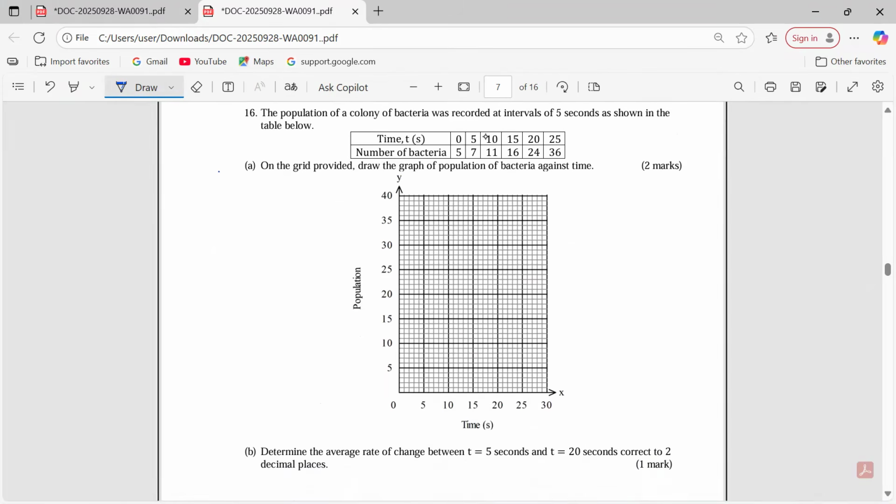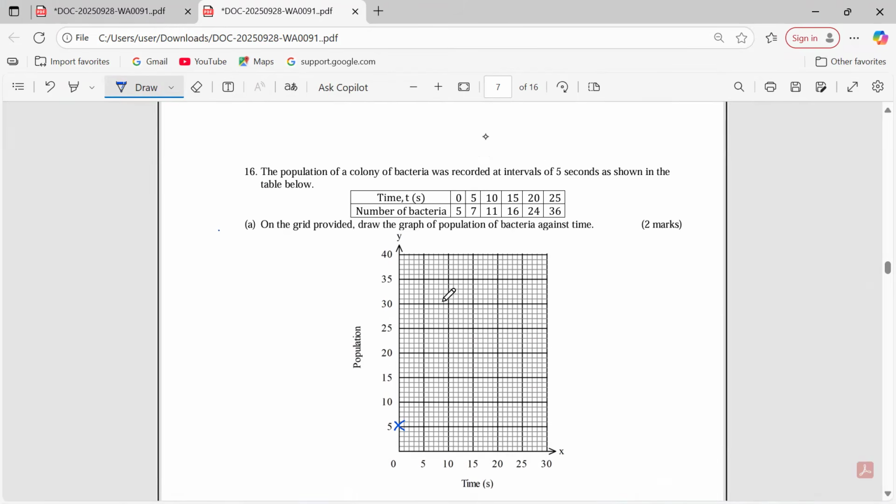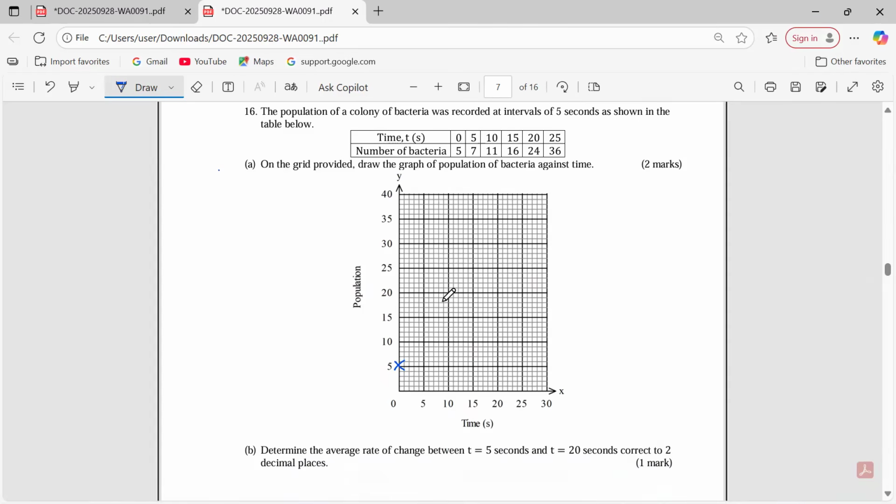0 by 5. 5 by 7. 10 by 11. 15 by 16. 20 by 24.